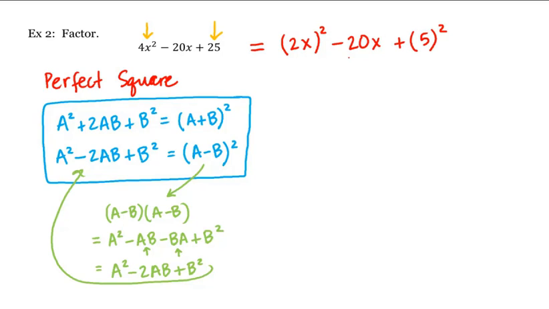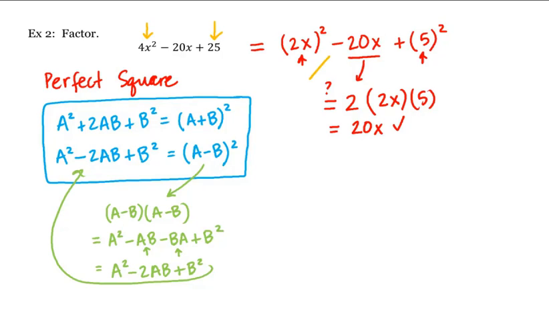Now, if this middle term here, 20x, is equal to 2 times the product of this and this, then it's going to be of this form. And sure enough, 2 times 2 times 5 is 20. So this is 20x.